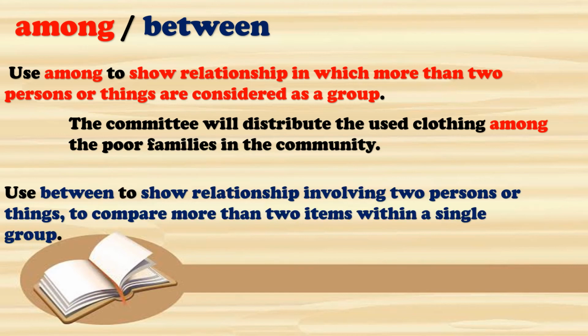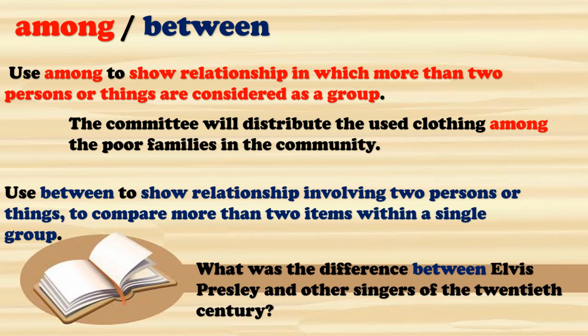Use between to show a relationship involving 2 persons or things, or to compare items within a single group. Example for this is, what was the difference between Elvis Presley and other singers of the 20th century?